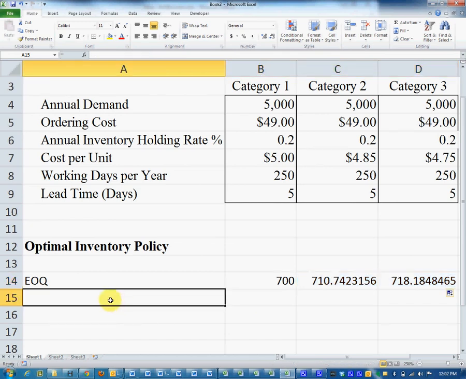Now we're going to do total cost. And this is equation 10.28.